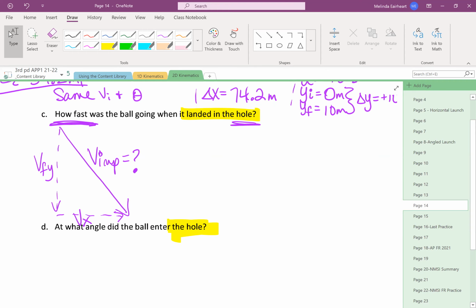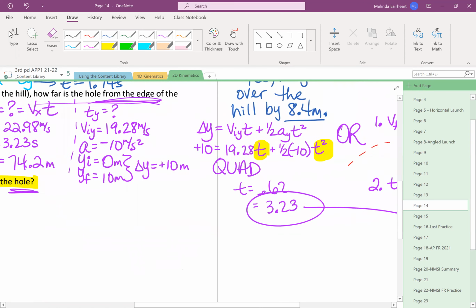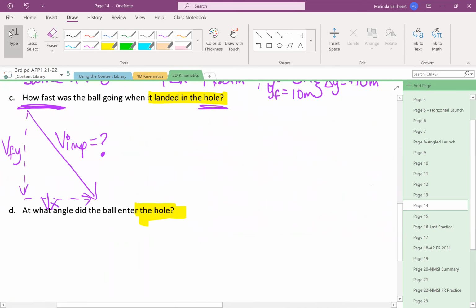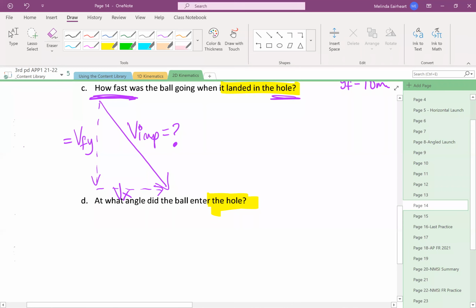That was that negative 13.1. And so we know this is negative 13.1. Horizontal velocity is constant, so that's the 22.98, right? And if I know two sides and they're perpendicular to each other, how do I find the hypotenuse?